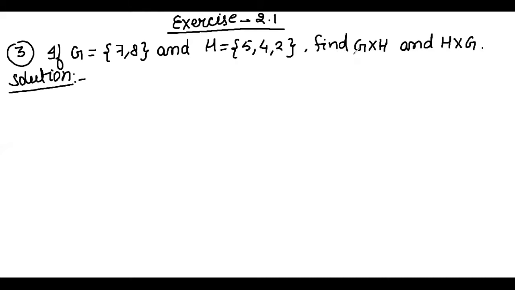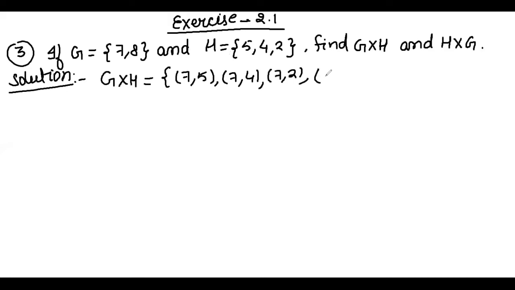Then we have to find G cross H and H cross G. So we'll find G cross H first. It is each element of G with each element of H. So 7, 5, 7, 4, 7, 2. Then 8, 5, 8, 4 and 8, 2.